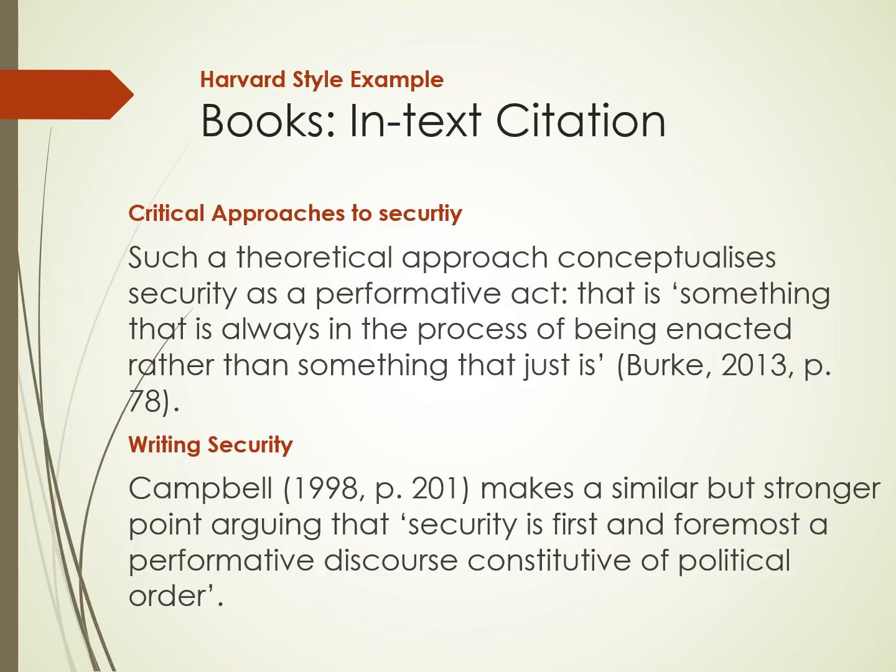So in the second example, Campbell, the author, forms part of the sentence, whereas in the first example I'm not really directly referring to the author at all, which is why it's at the end of the sentence in brackets. Either way of doing an in-text citation is correct. It's just a question of how you want to introduce the idea. So we'll go through some more examples.